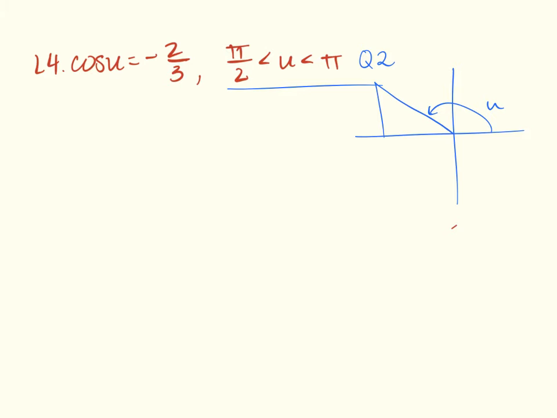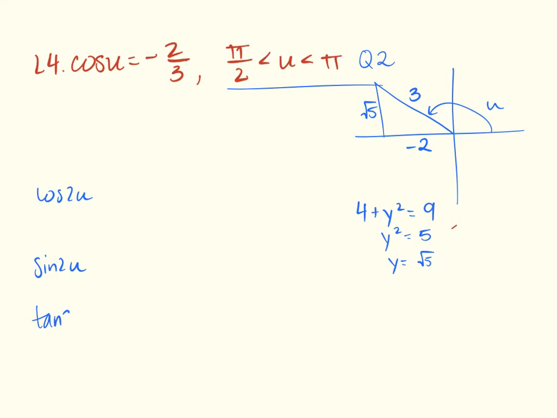And from the fact that I have cosine u, I know that the x value is negative 2 and the hypotenuse is 3. So I'm going to use Pythagorean theorem to find my y value. We've got 4 plus y squared is equal to 9. Y squared is equal to 5. Y is equal to square root of 5. Okay, but here's the issue. We want to find cosine of 2u, sine of 2u, and tangent of 2u.